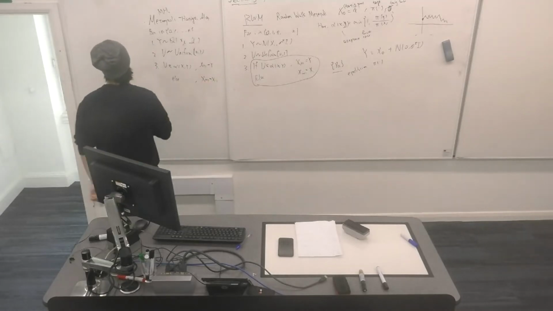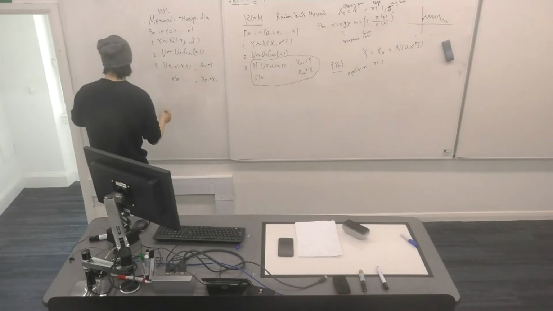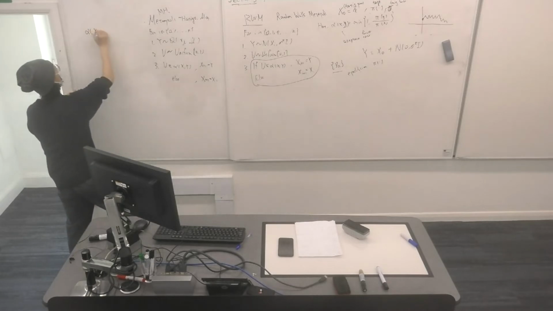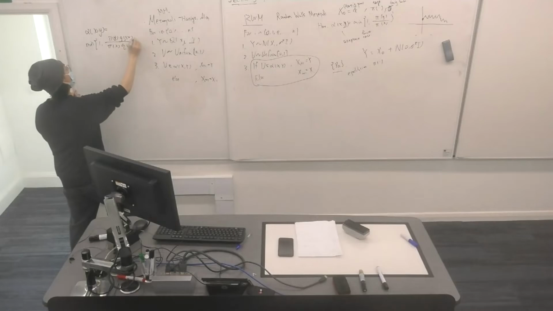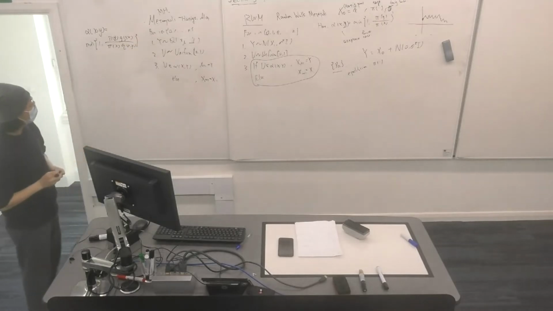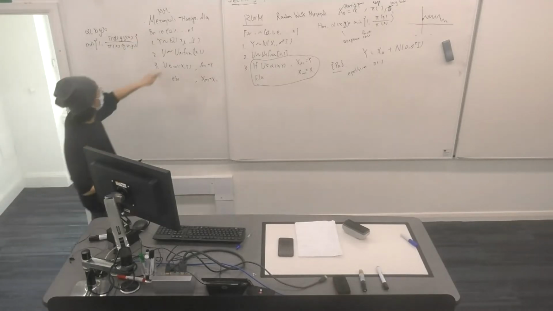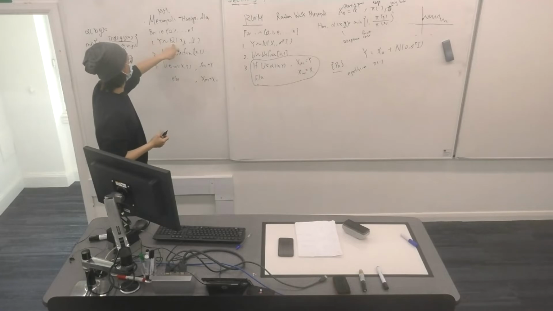And here the acceptance function has the ratio q(y, x) over q(x, y).